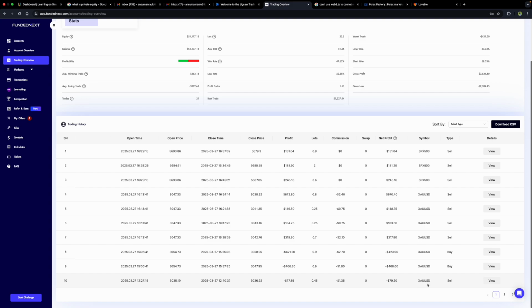Also in the second XAUUSD trade, we lost around $79. By the way, all these XAUUSD trades are collectively a single trade, but the closings are partial closings, closed one by one.